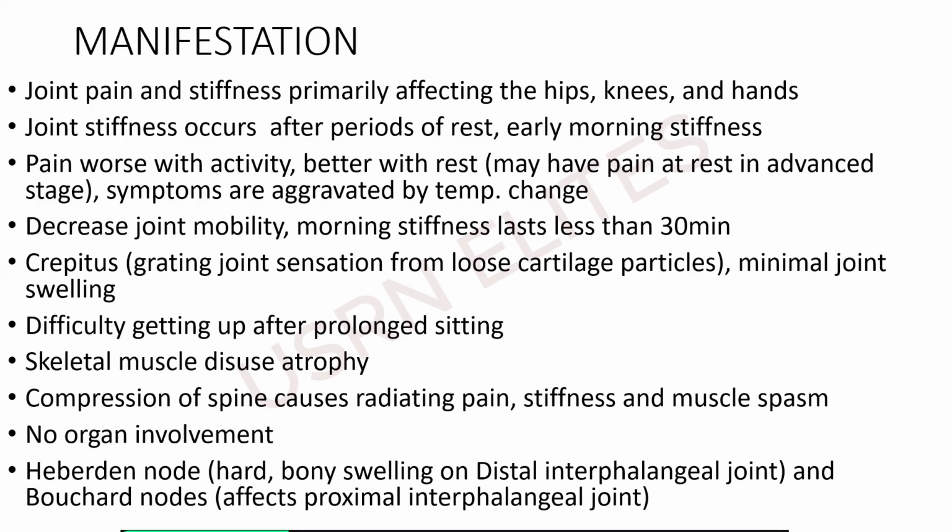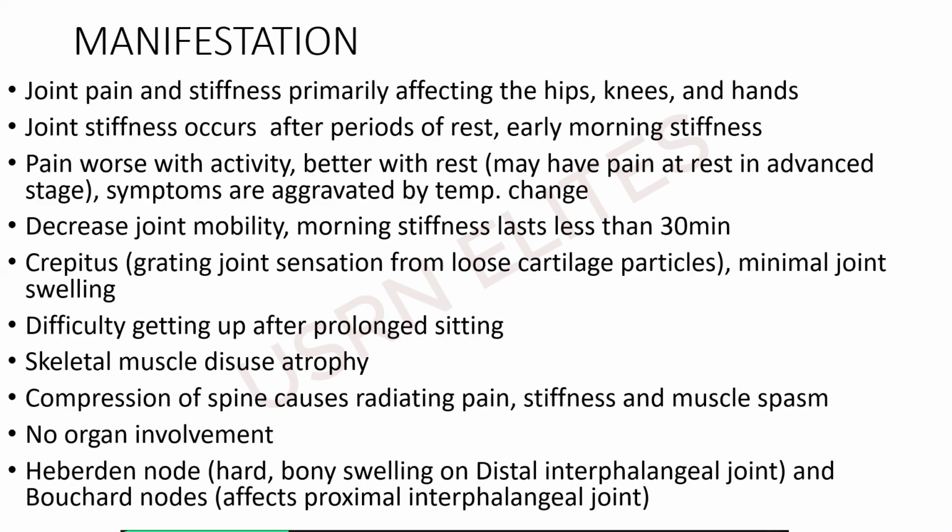That's why we have stiffness after prolonged sitting or standing or whatever. But just that the time it takes to go away is different. Okay. And skeletal muscle disuse. That's muscle atrophy. Because we are not using the joint, we are going to see the muscle decreasing in size and strength. Compression of the spine causes radiating pain.